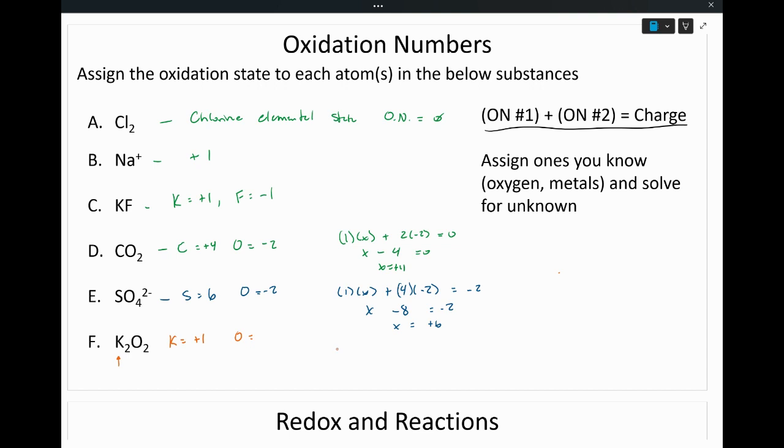So we're going to have oxygen be unknown. We have 2 of these potassiums. They each have a +1. We have 2 oxygens that have an unknown oxidation state that has to equal 0. So 2 plus 2X equals 0. X is equal to -1. So in this case, this is a peroxide, and oxygen has that -1 charge. Okay?